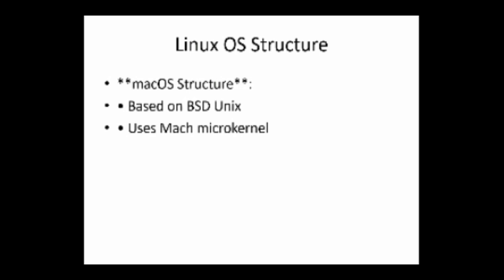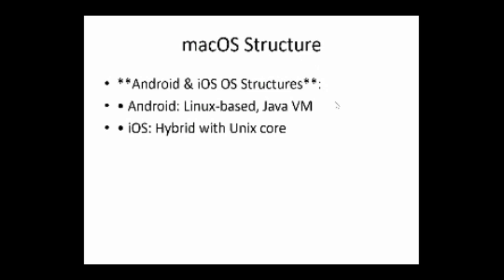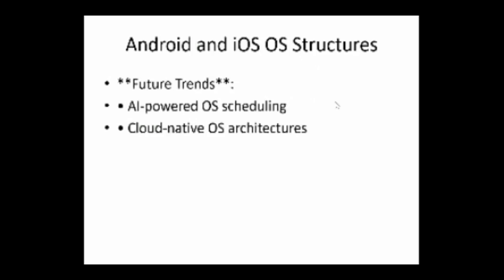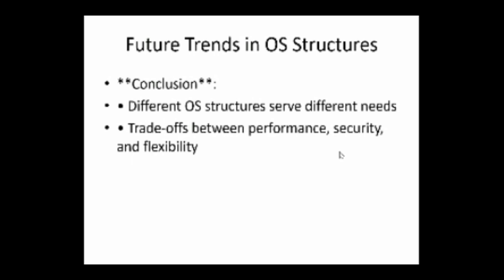Monolithic with modules, uses POSIX system calls. Mac OS structure is based on BSD Unix and uses the Mach microkernel. Next, Android and iOS OS structure. So it's like a mobile phone OS.